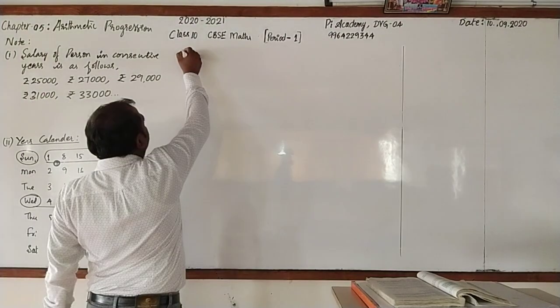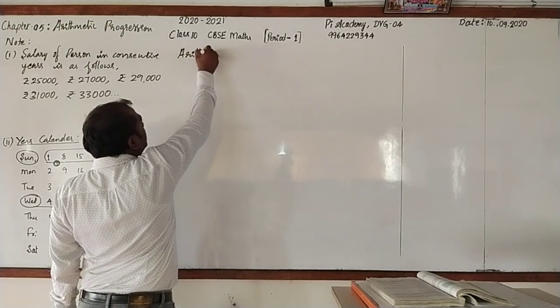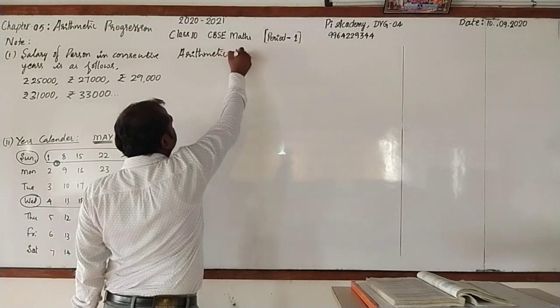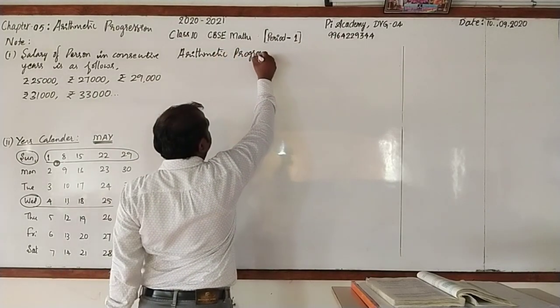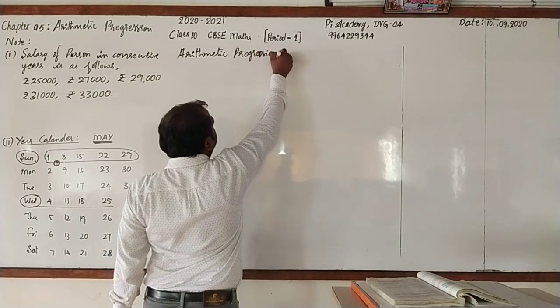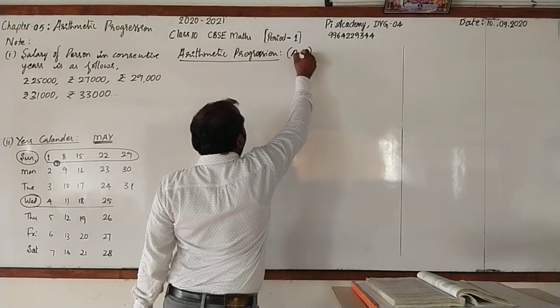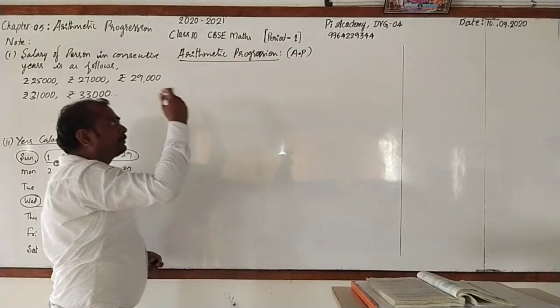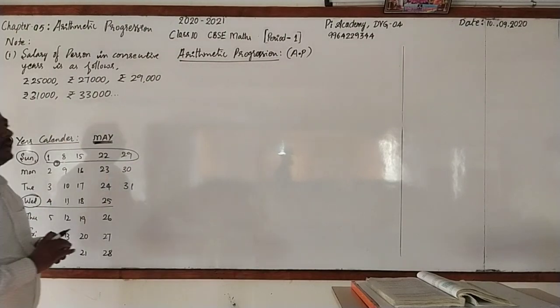Yes, here I'll write the definition of arithmetic progression again. Arithmetic progression. You may also write with me after copying this. Arithmetic progression. In brackets I'll write its abbreviated form. As we are going to focus completely on arithmetic progression, I'm going to write the definition again.